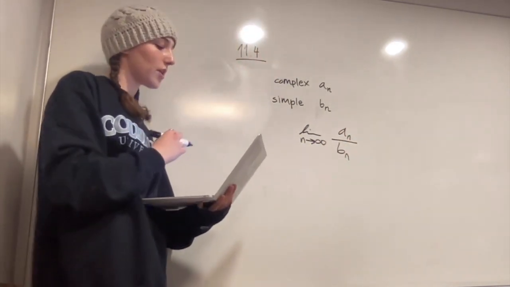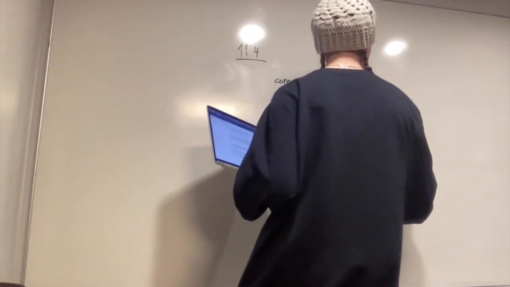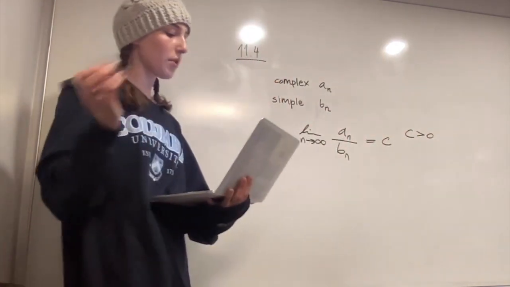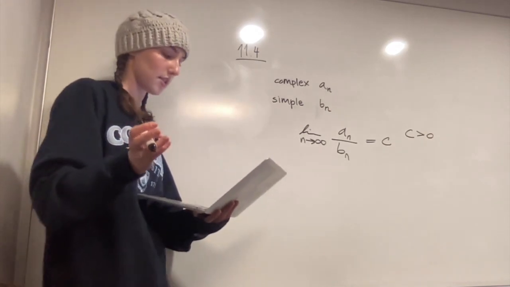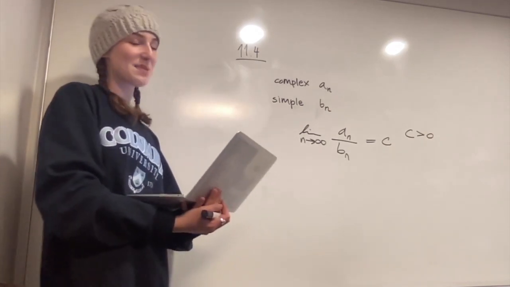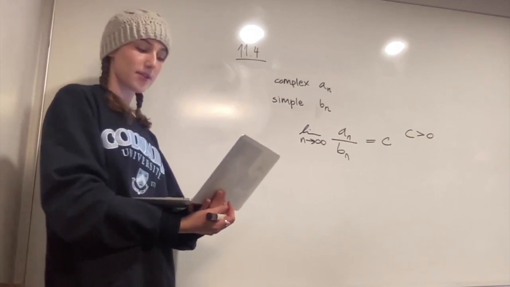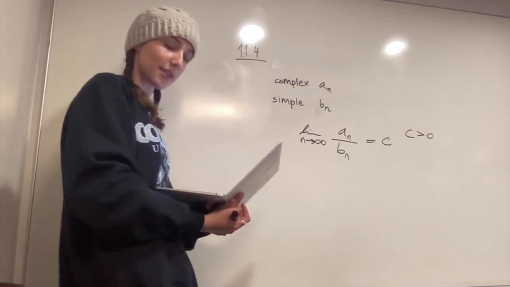Through this, if you result in a finite number that is greater than 0, so let's call the finite number c, and c is greater than 0, then both series either converge or diverge, as analyzable by the simple series. And we employ these tests, both the direct comparison and the limit test, only if both the series are positive. Their utility is to analyze the convergence or divergence of a complex series.